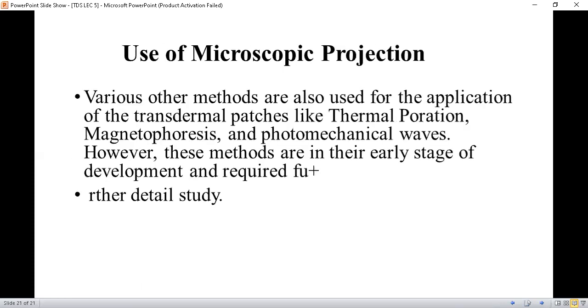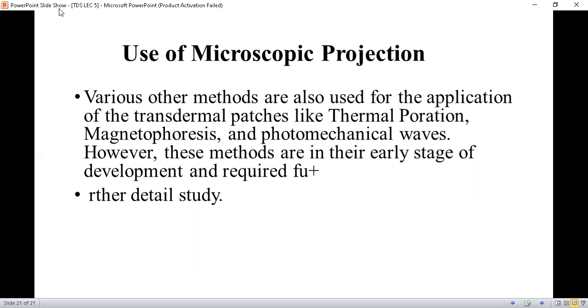Let's proceed further. Various other methods are also used for transdermal patches, like thermal poration. Thermal poration means through the application of heat, you can increase the permeability of your skin. Then magnetophoresis using magnets, and photochemical waves. However, these methods are in their early stage of development and require further detailed study.